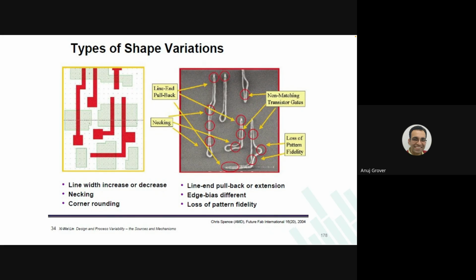How do we model this in the memory cells? Do we give margins? No, we just simulate it. We make a huge array and simulate the entire thing, and we see what is the impact on fidelity of the structures that I wanted to create. If the fidelity is as I desired, I don't do anything. In memories, we do not make dummy polys.